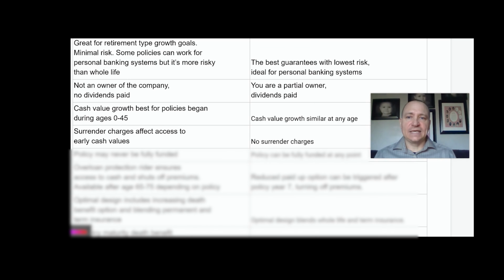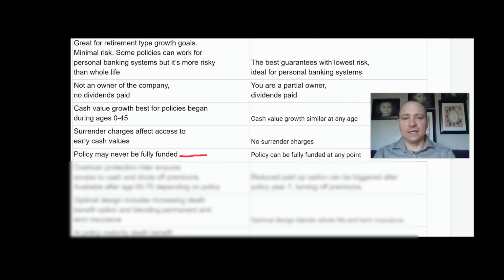This next one gets into why there's a little bit more risk with your index universal life policy than there is with a whole life policy, because your policy may never be fully funded with an index universal life policy. What that means is, because you're paying for your insurance annually and the cost is going to go up every single year, your policy actually never becomes fully funded.